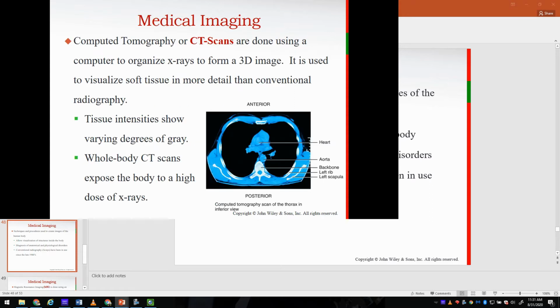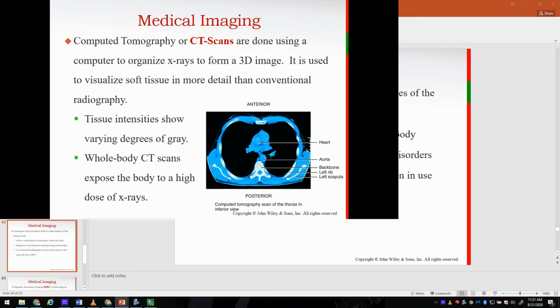A CT scan, computed tomography, is done using a computer to organize x-rays to form a 3D image. So they take a series of x-rays and then put them all together to form the image. It is used to visualize soft tissue in more detail than conventional radiography.